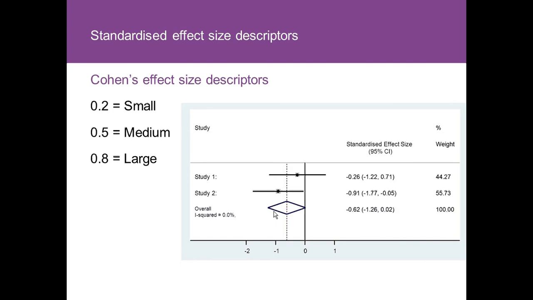But as you can see, when we try to interpret the results of this meta-analysis that we've just undertaken, Study 1 had a small standardized effect size, or pretty close to a small standardized effect size, Study 2 had a large standardized effect size, and overall it's reasonably close to being a medium, or medium working its way towards a large effect size for the overall meta-analysis.